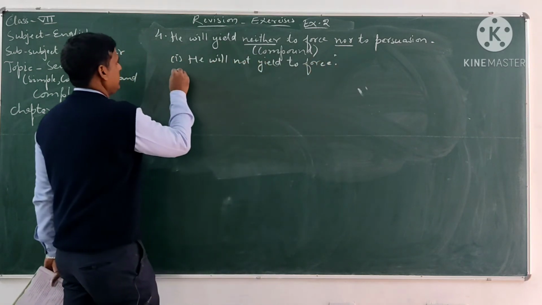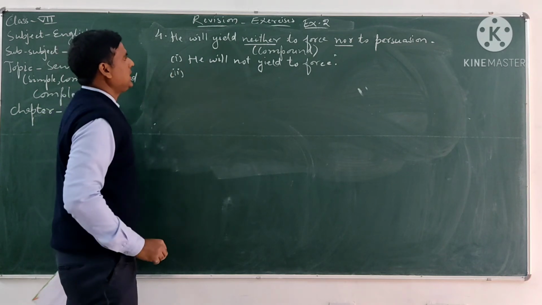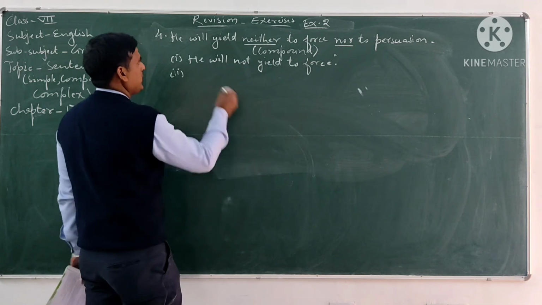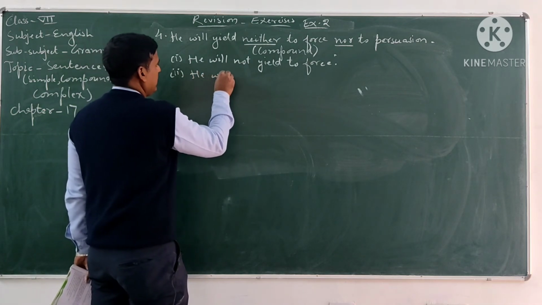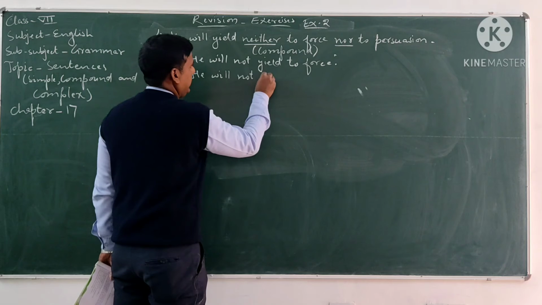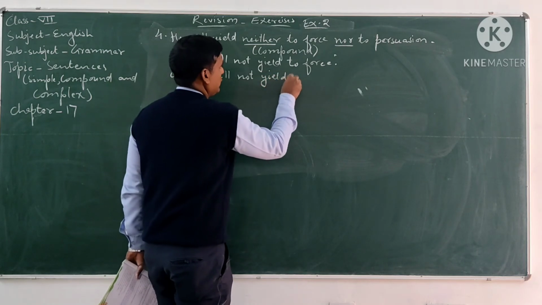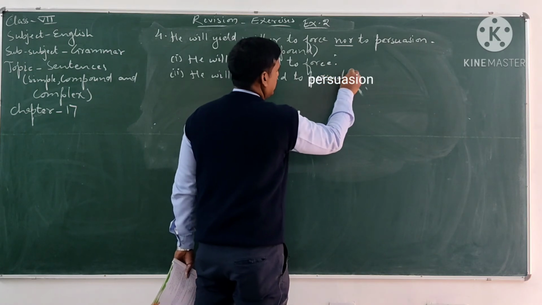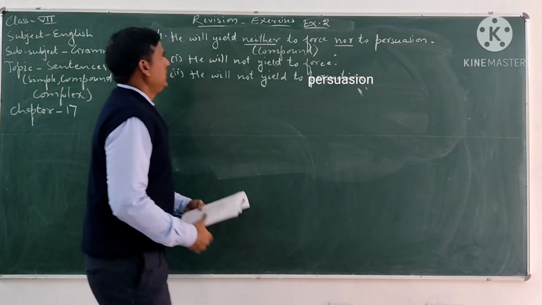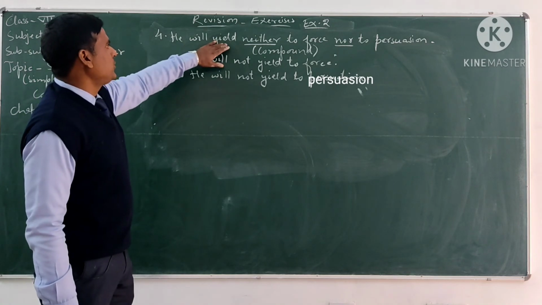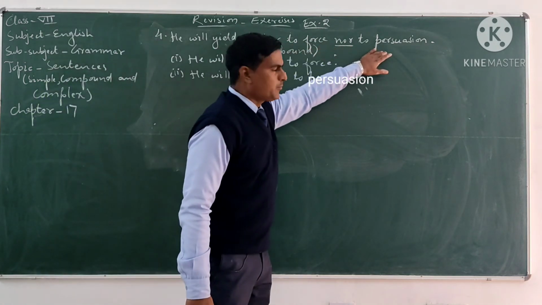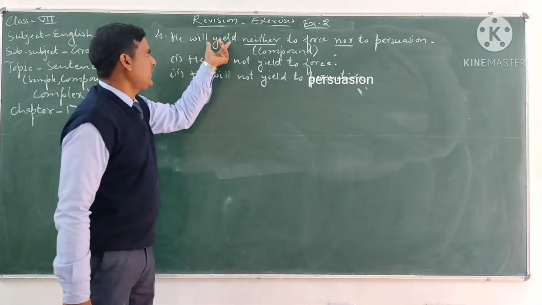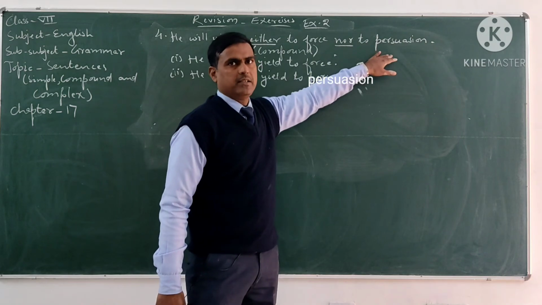The second independent clause, coordinating clause, is he will not yield to persuasion. Will yield is not repeated in this clause because it is already used in the first clause. That's why it is left out here in the second clause.